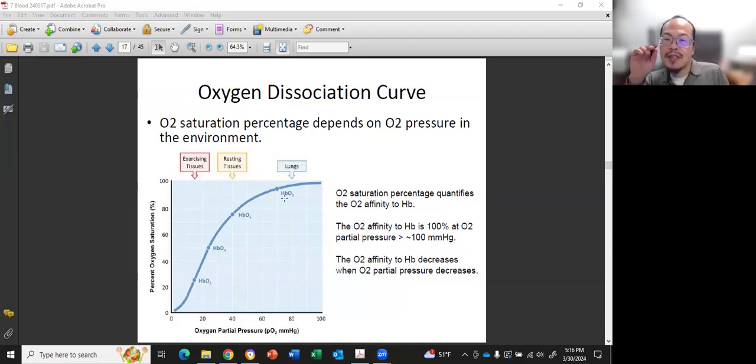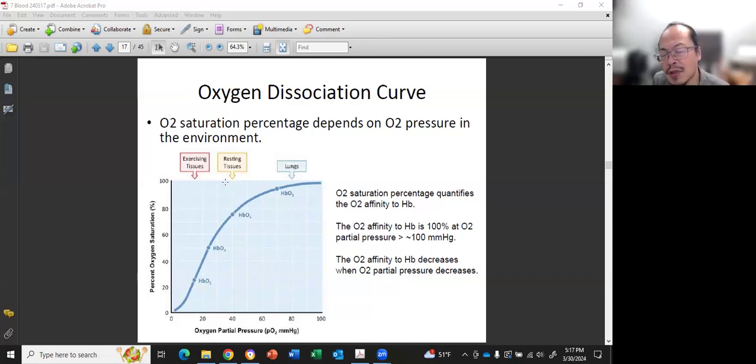Now, when this blood goes into your tissue, it is going from the high oxygen area in the lung, moving from the aorta to the tissue. When it goes into the tissue, it is going into a place where the oxygen level is low.